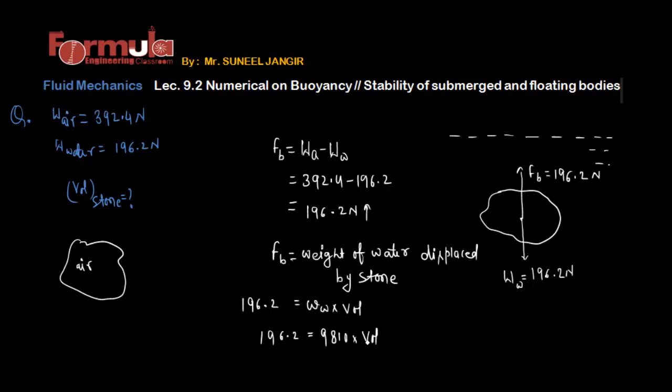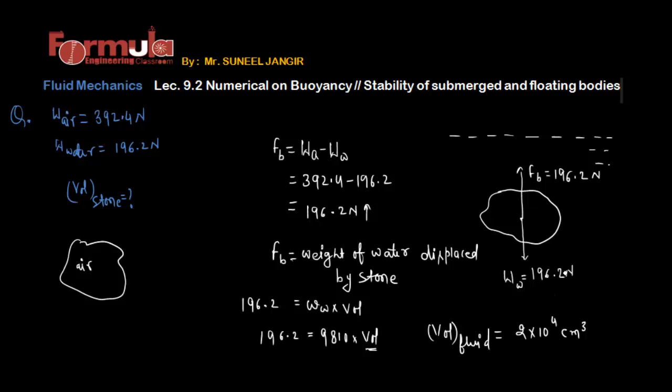From here, the volume of fluid displaced, that is water, by calculation equals 2 into 10 raised to power 4 centimeter cube. This is the volume of water displaced by the stone.